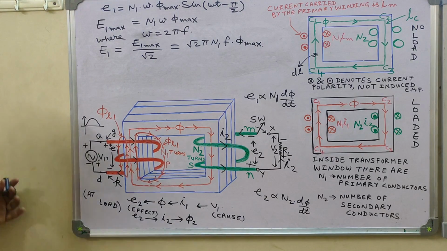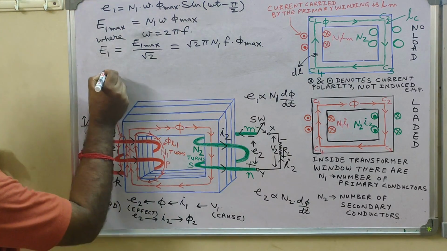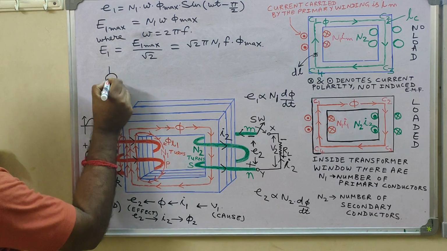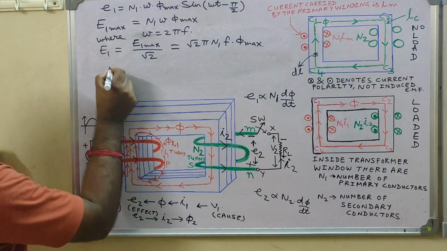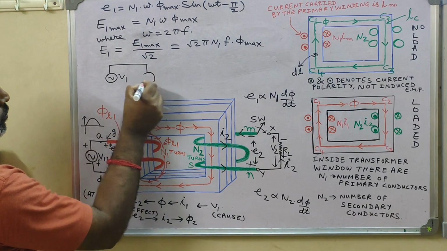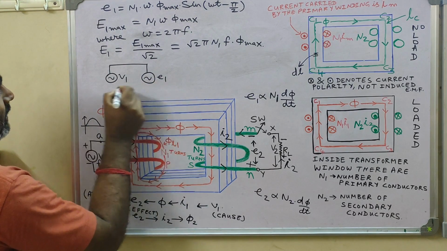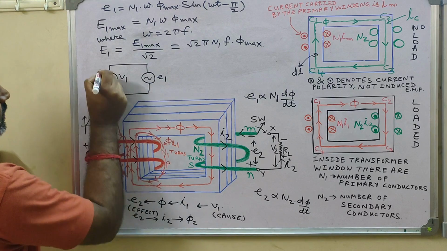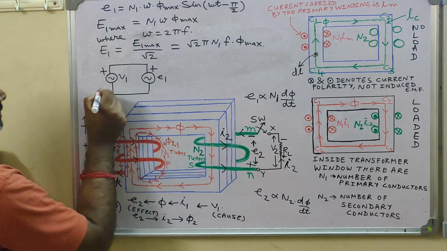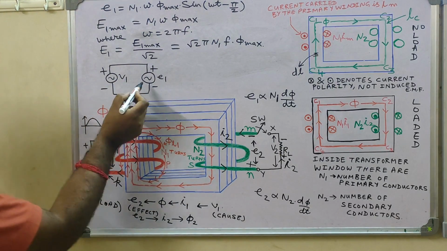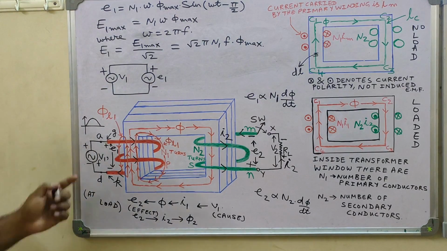Now, we have just said some time earlier that the applied voltage V1 and the EMF induced in the primary coil E1 can be denoted by this pictorial representation. If this is plus, this will be plus. If this is minus, this will be minus. That means E1 will oppose V1 as per Lenz's law.